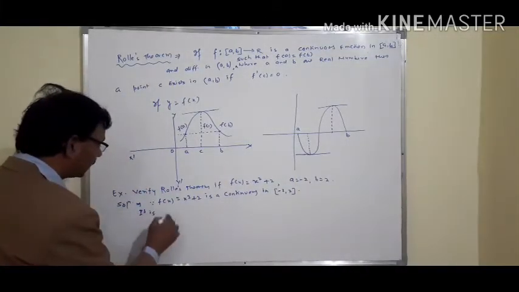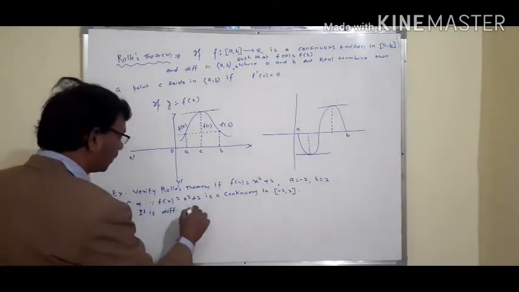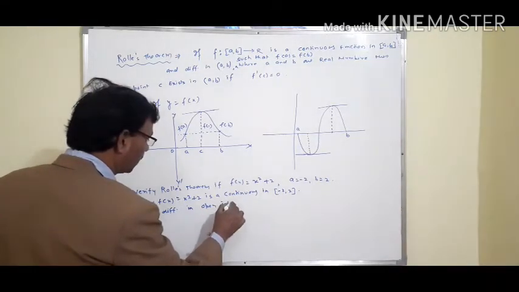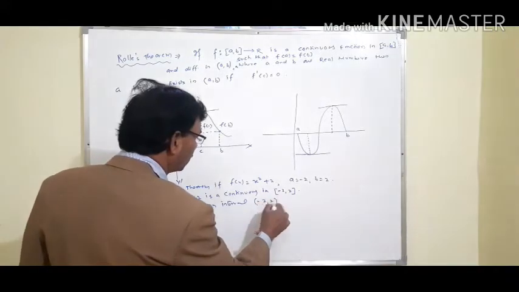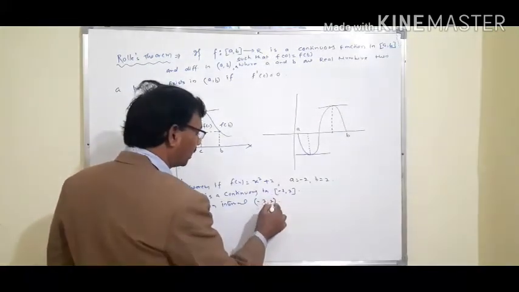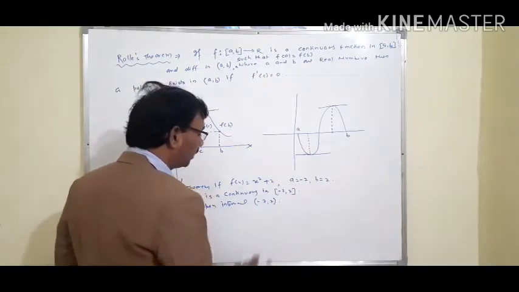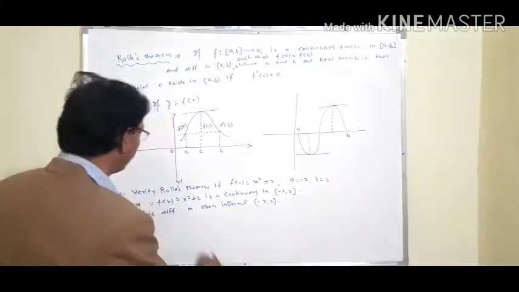It is differentiable in open interval, means -2 to 2. Now you should write carefully. For the closed interval you should apply the big bracket, and for the open interval you should apply the small bracket.